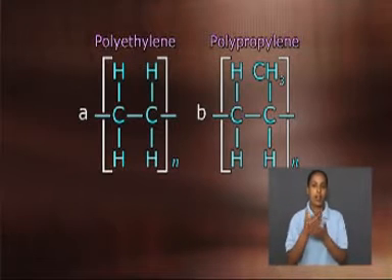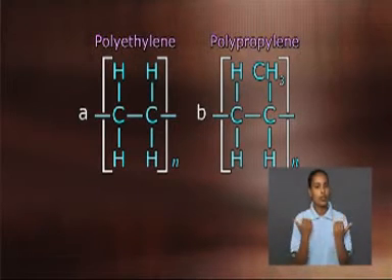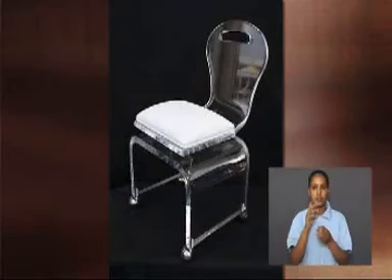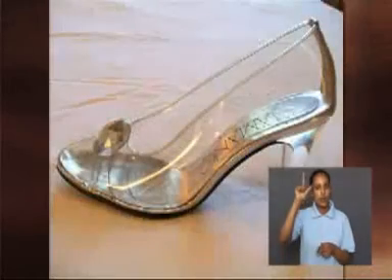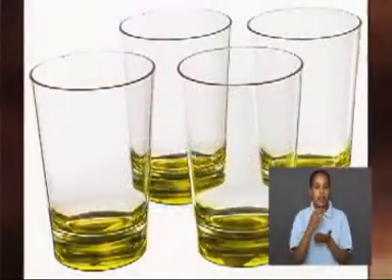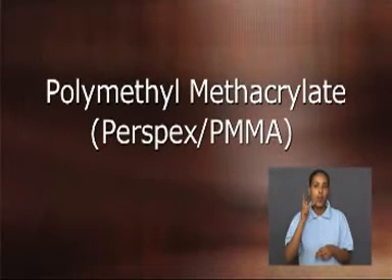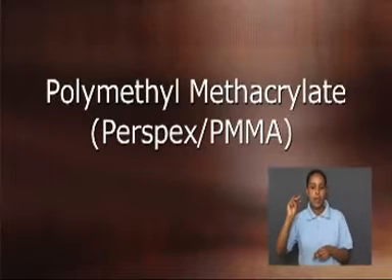Great work, everyone. Now, let us turn our attention to Perspex. Perspex is also sold under the names lucite, acrylic glass, or plexiglass. Its chemical name is polymethyl methacrylate, or PMMA.